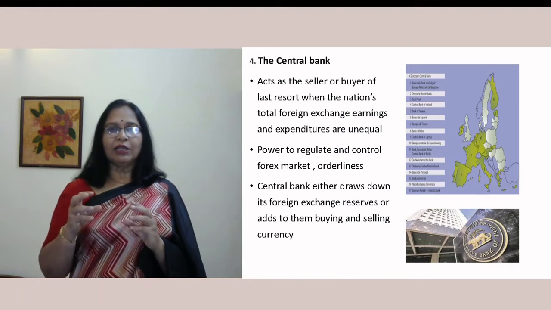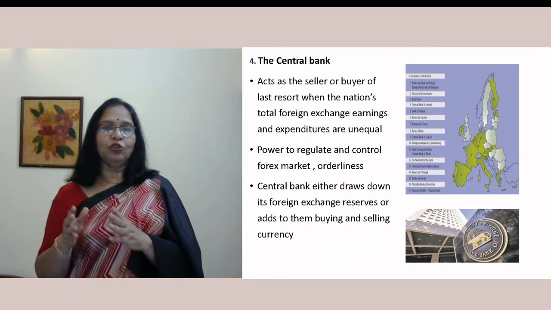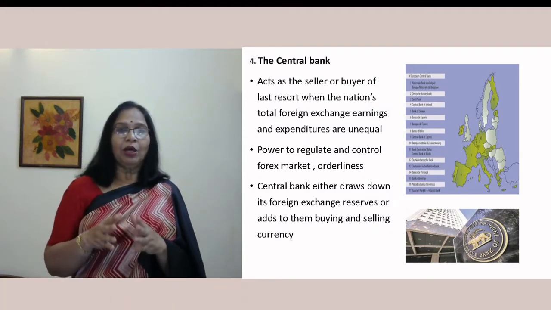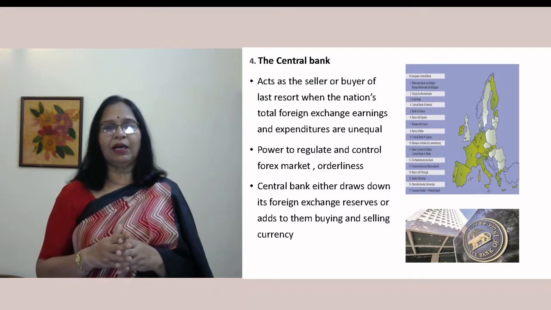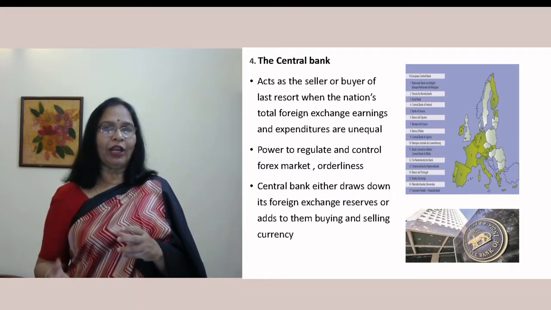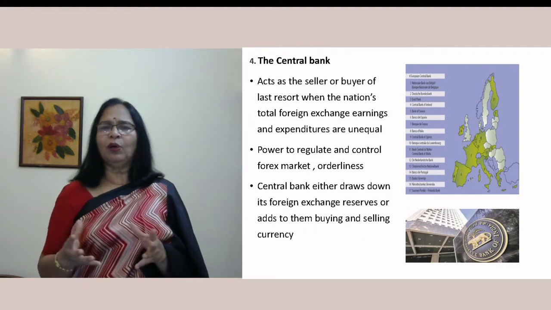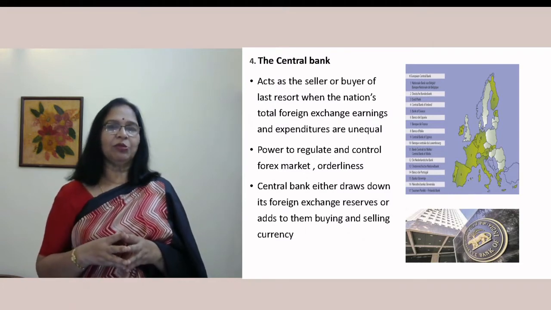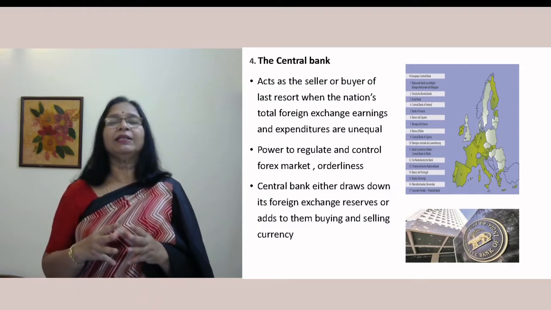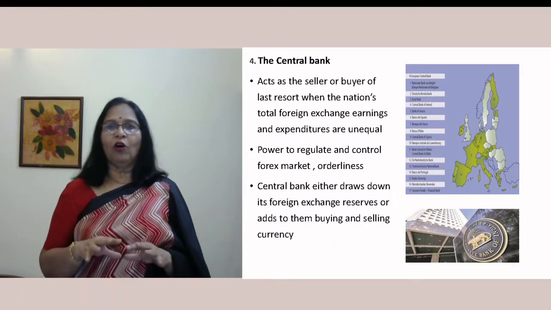If there is a disequilibrium in the balance of payments, which indicates something more dangerous happening, the central bank will come into the picture and buy and sell currency, so that the currency value may not fall very low, or may not rise too high. The central banks of the world participate in the foreign exchange market to bring orderliness to the market, and they buy and sell currency to smooth out disturbances that can happen for any currency.